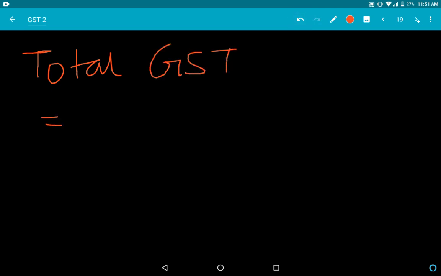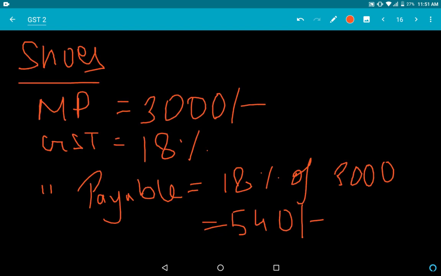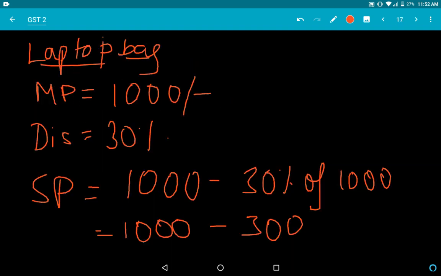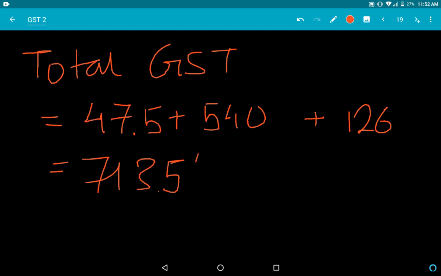GST is nothing but, we started with the medicines, 47.5 plus 126. Was it 540 there? Yes, 540. Okay, 126 plus 540 plus 47.5, that is nothing but 713.5. This is my total GST.